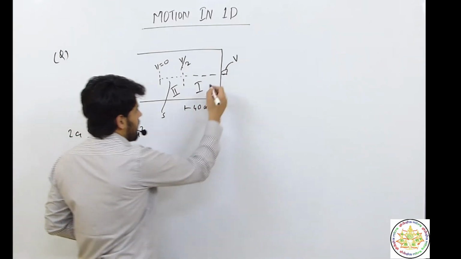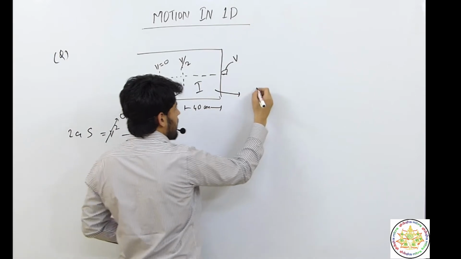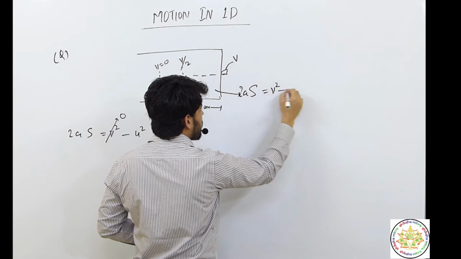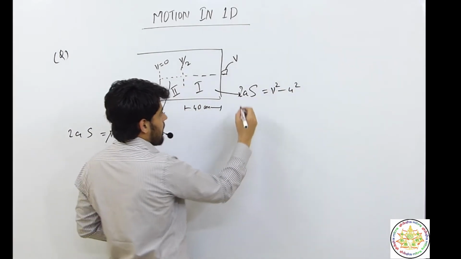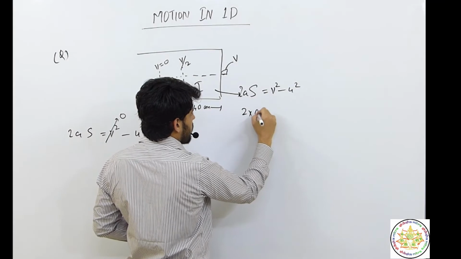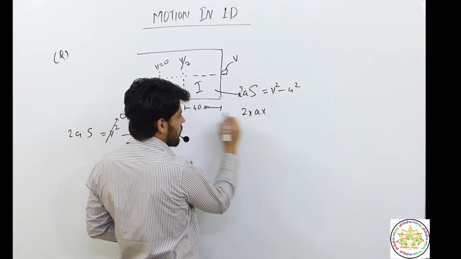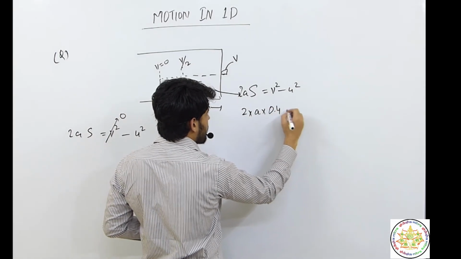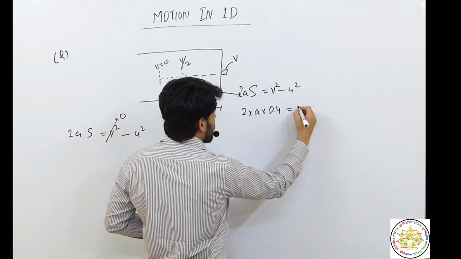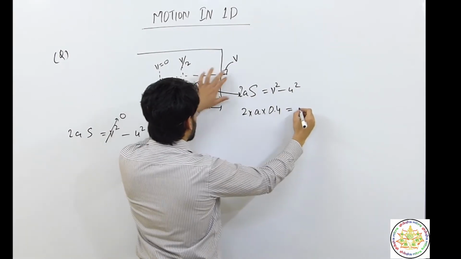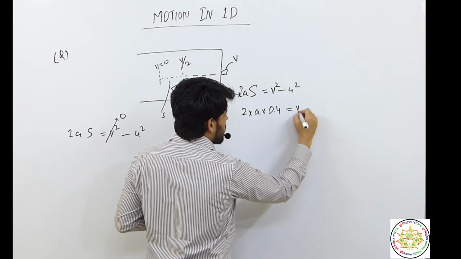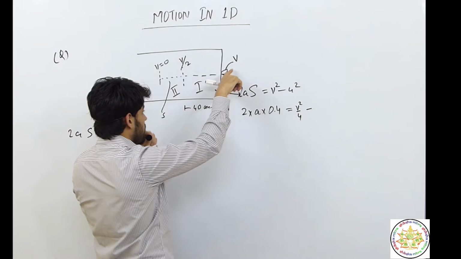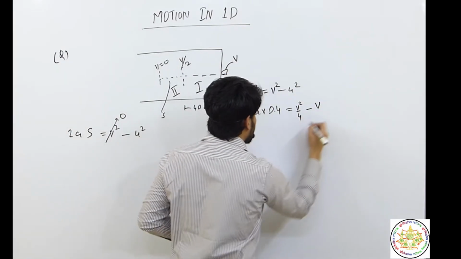Fine. If we take this case, 2as is equal to v square minus u square. 2 into a into s, where s is 40 cm, the distance covered for this case, so we will convert it to 0.4, is equal to final velocity v by 2, so v square by 4 minus the initial velocity v square.